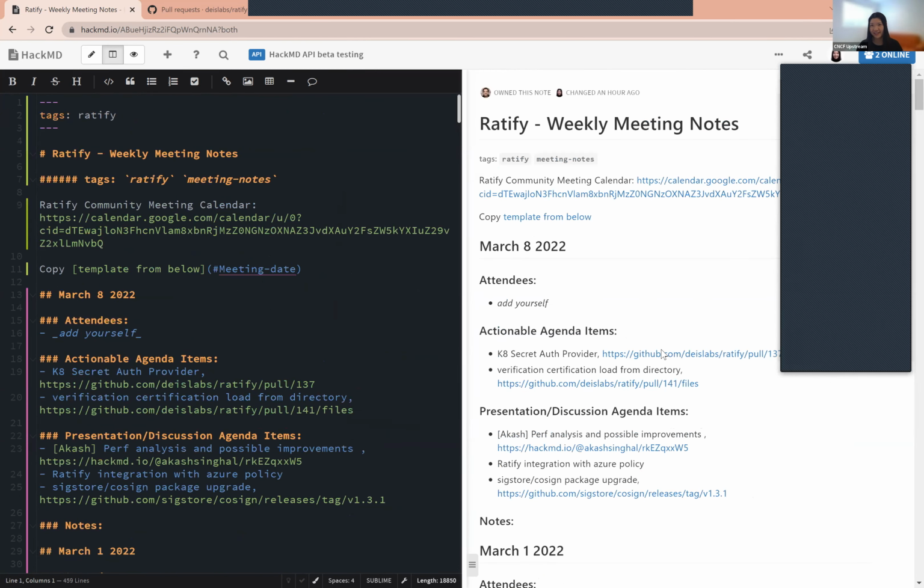On the agenda today, I have reviewing some of our open PRs, and also Akash was doing a performance analysis of the Ratify workflow to optimize the 3 seconds that we have to work with. And Sajay was saying that he was going to follow up with the Azure policy people to see if we have any additional incoming requirements.